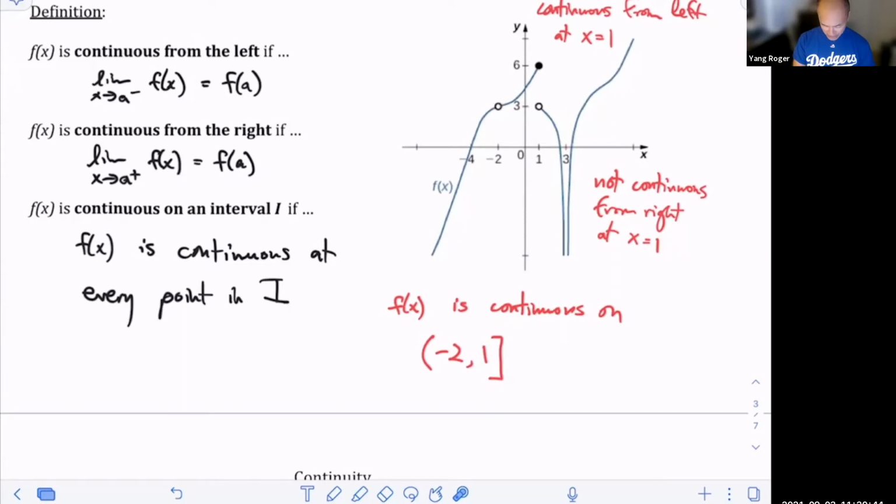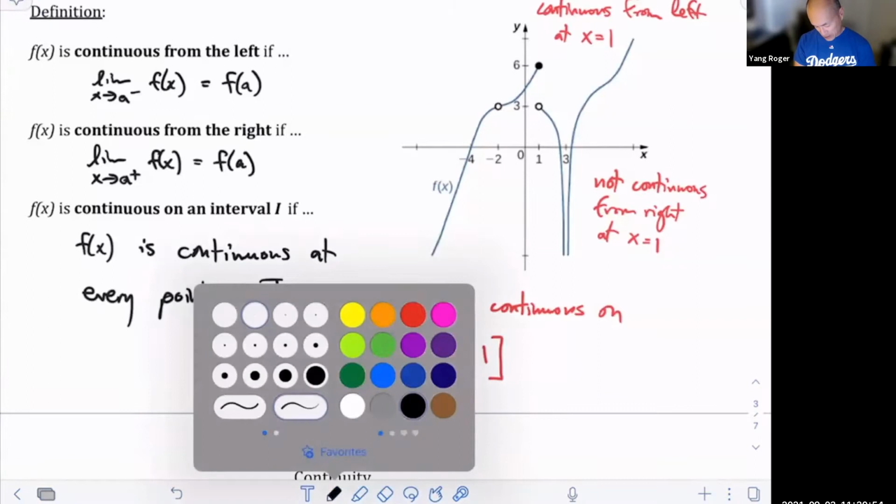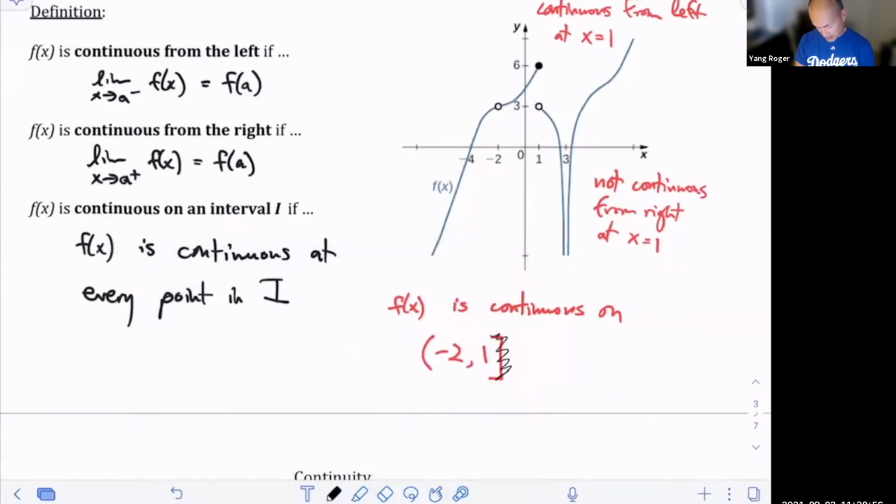I don't know if I feel comfortable saying this. I know I said this on the video. I almost don't want to write this. I almost kind of want to come over here and scratch this out, make that a round bracket. I wanted to capture the idea of one-sided continuity, but technically the definition of continuity requires that the limit has to exist from both sides.